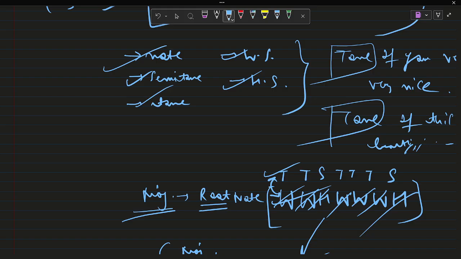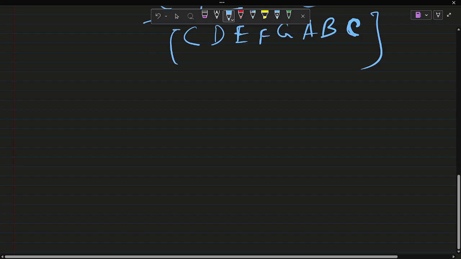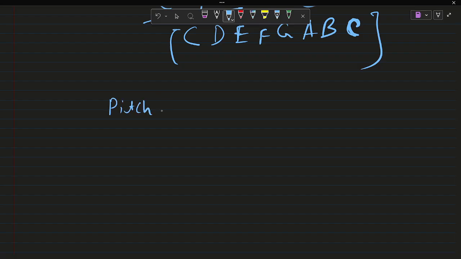Now I will discuss the same. In my previous video, I told you what we actually mean by the pitch of a particular note. The pitch of a particular note is basically the fundamental frequency of that note.